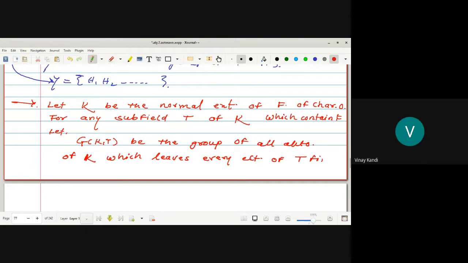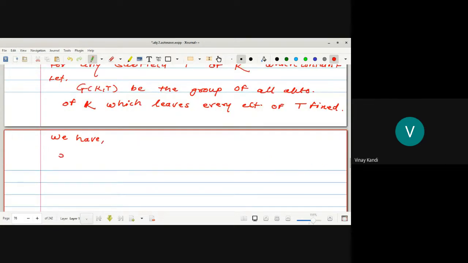Now look here: sigma belongs to GKT. What does it imply? Sigma leaves every element of capital T fixed. But F is contained in T, which is contained in K, and sigma leaves every element of T fixed.